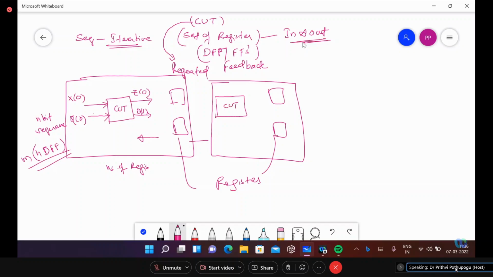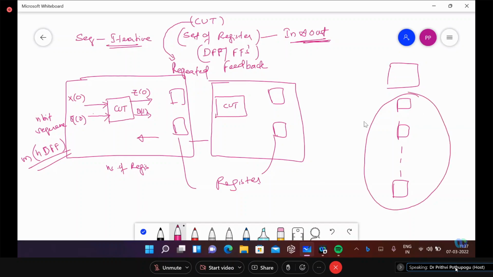That's why we use the in-out configuration, so as to cut down the number of registers used for testing. So this arrangement of flip-flops is now distributed as an in-out configuration between the circuits under test.